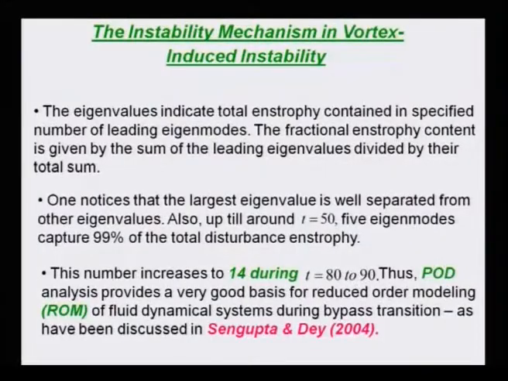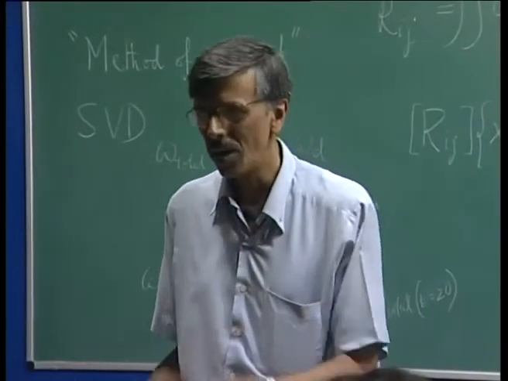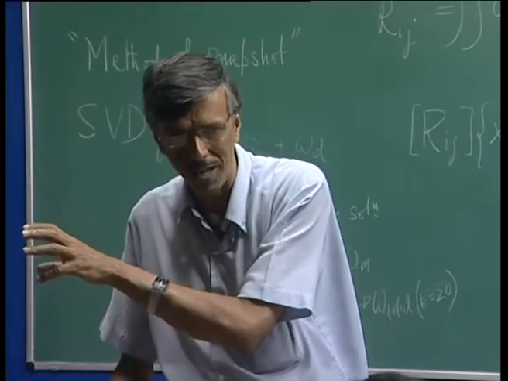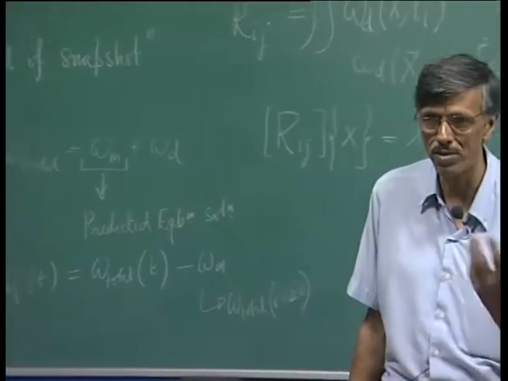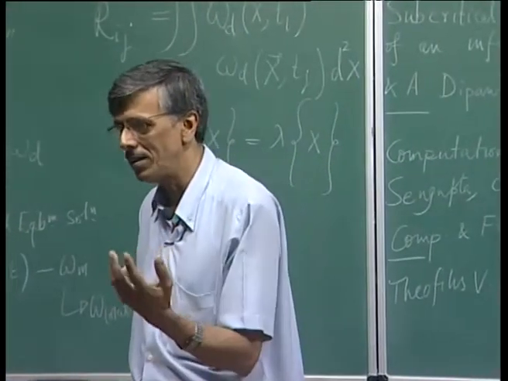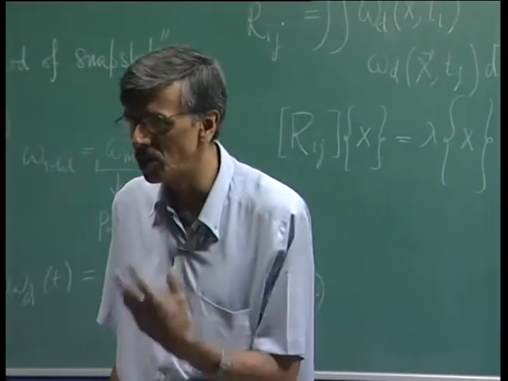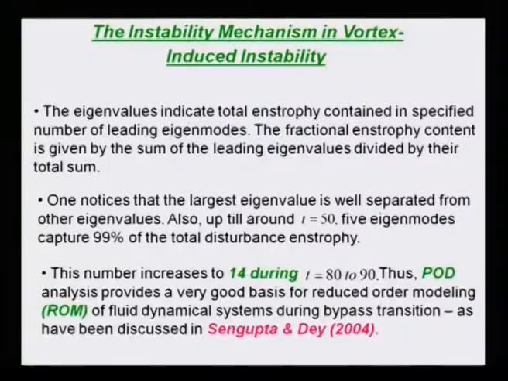We show that these eigenmodes consist of a time dependent amplitude and a space dependent part, right. So these Rij's are obtained from the space dependent part, and this amplitude is the time dependent part. The evolution equations I am talking about in reduced order models are those dynamical equations for those amplitudes.